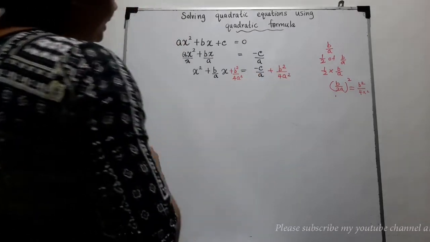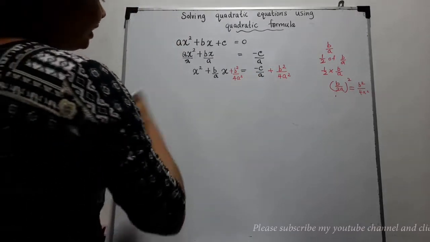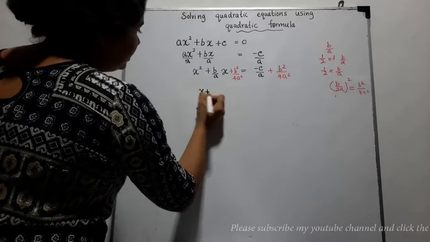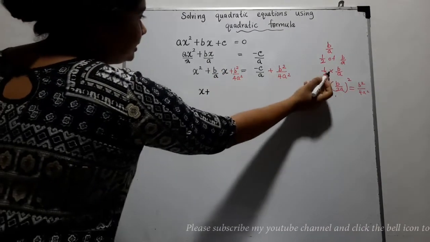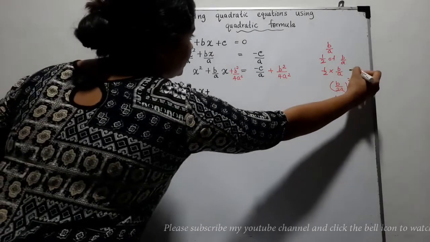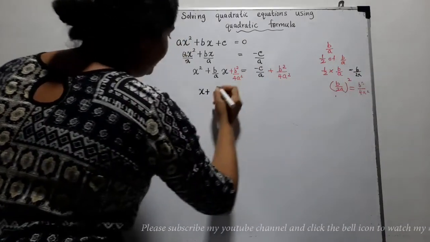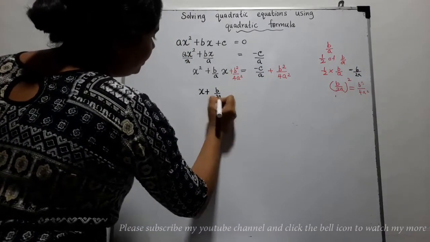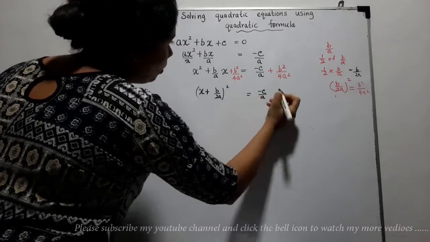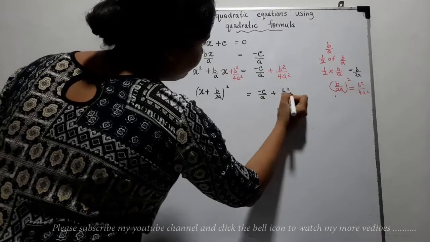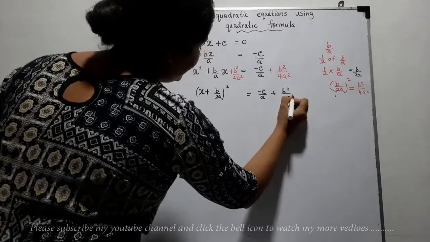Now we can write the left side as a perfect square. How? x plus half of the coefficient of x, which is b over 2a, all squared, equals negative c over a plus b squared over 4a squared.